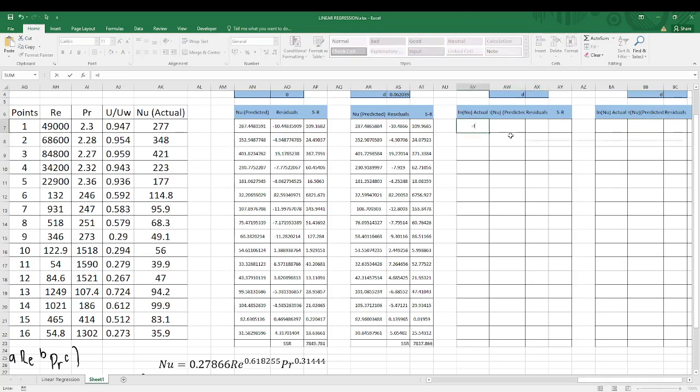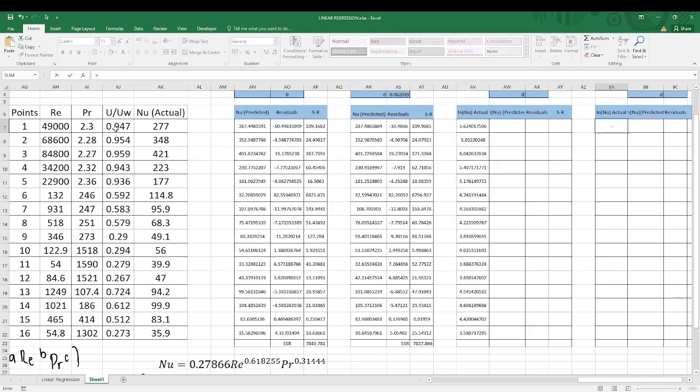So, ln, the function for the natural logarithm in Excel. Take the ln of the actual, enter. Good, right? Same with this one.